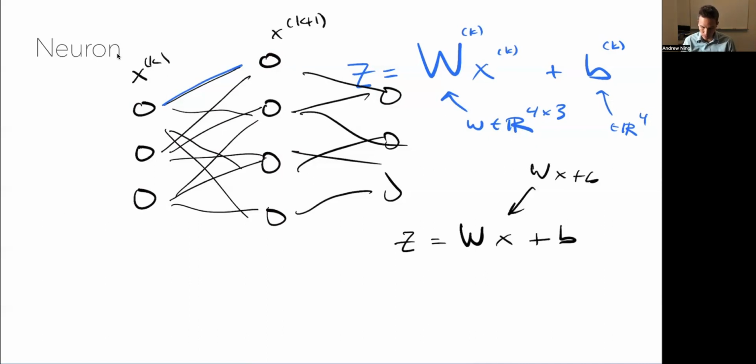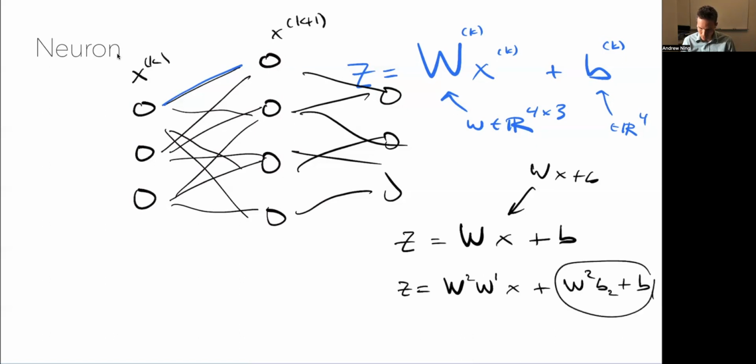I'm just not putting the subscripts here to be quick. So that's going to be W2 times W1 times X plus W2 times b1 plus b2. This is all just a vector. This I can just call a new W. So I haven't done anything, right? I still have a linear model.